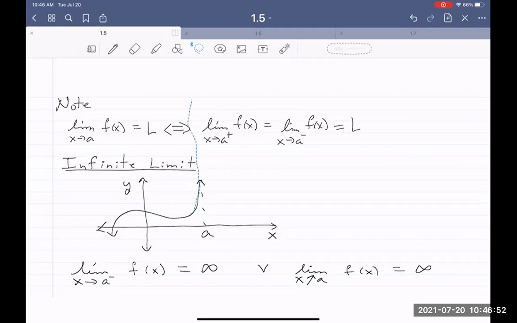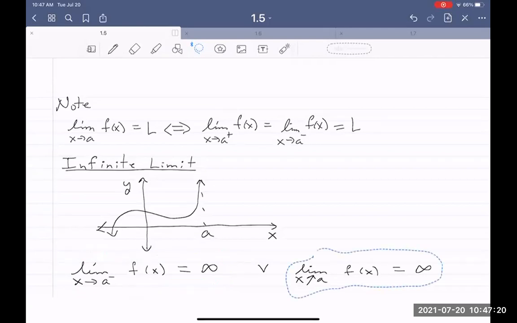It keeps getting bigger and bigger. Suppose this is from the left side. Then in this situation, we say that the limit as x approaches A from the left side of f of x is equal to plus infinity.